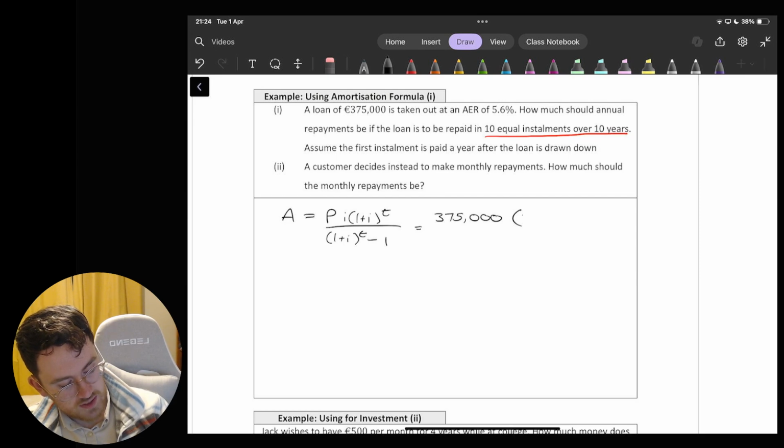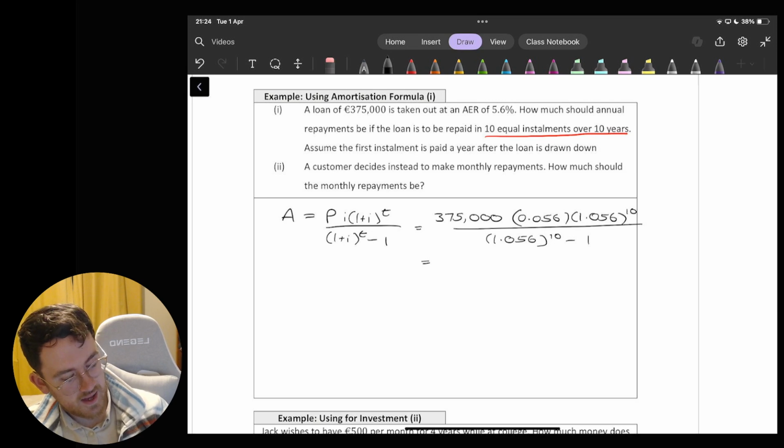My interest rate is 0.056. 1.056 to the power of 10, all over 1.056 to the power of 10 minus 1 gives me an annual repayment of 49989.32.